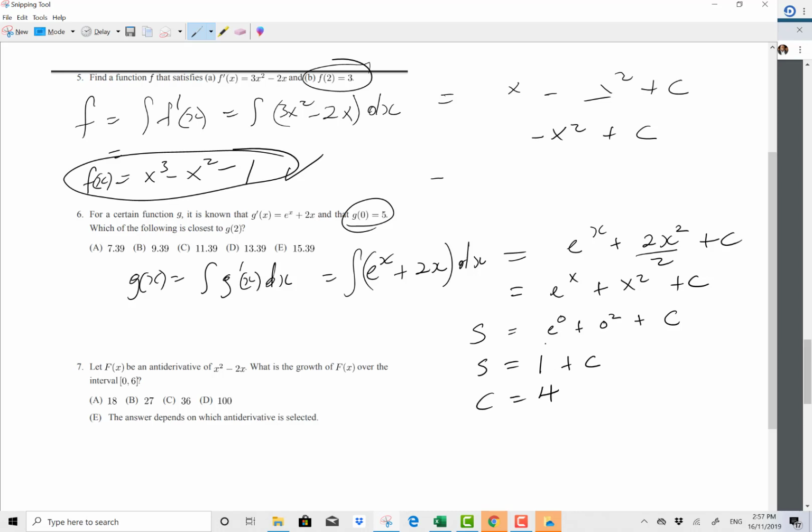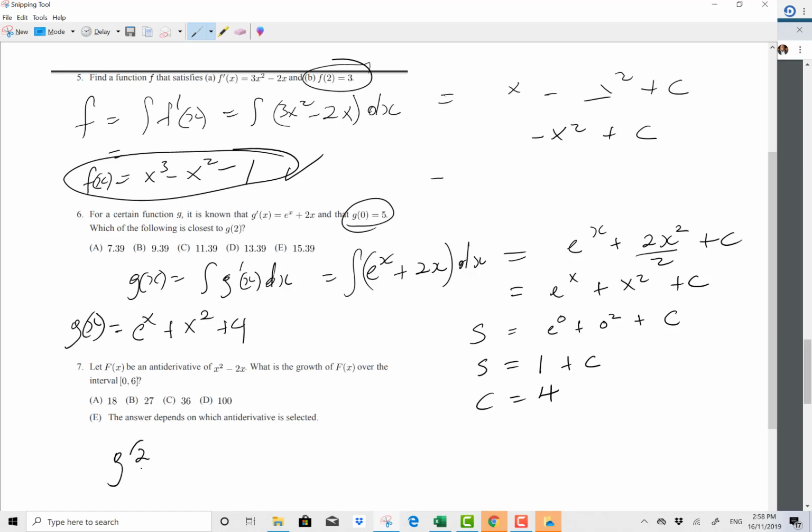So if c is equal to 4, my expression is going to be e to the x plus x squared plus 4. So that is my g of x. Now I need to find which value is the closest to g of 2.